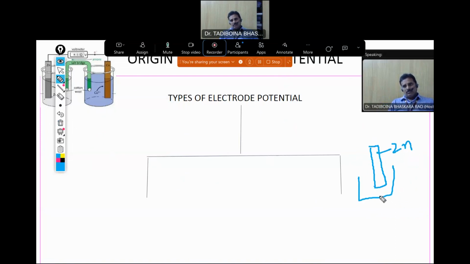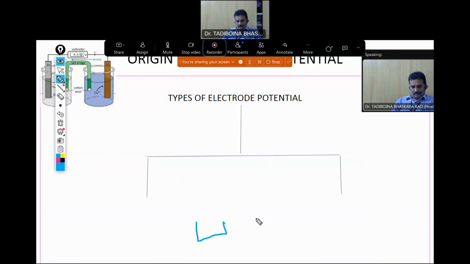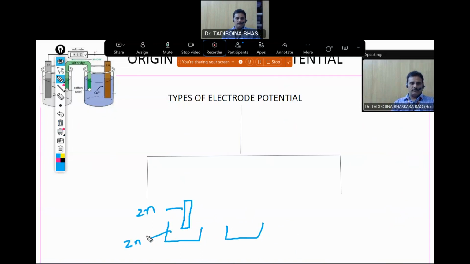Here I am taking the zinc electrode. It is dipped in the zinc sulfate solution.